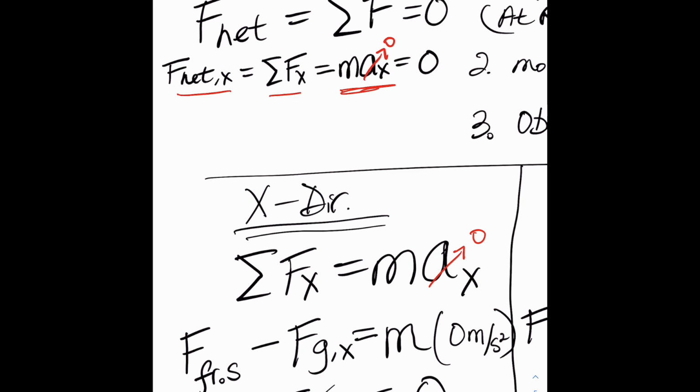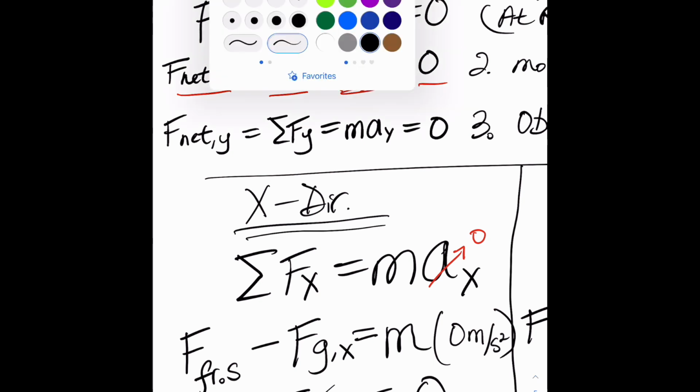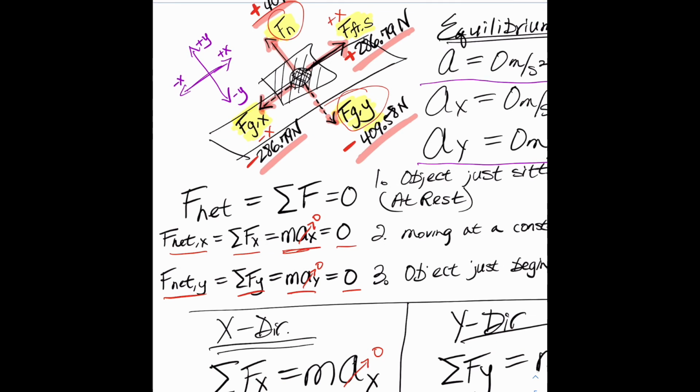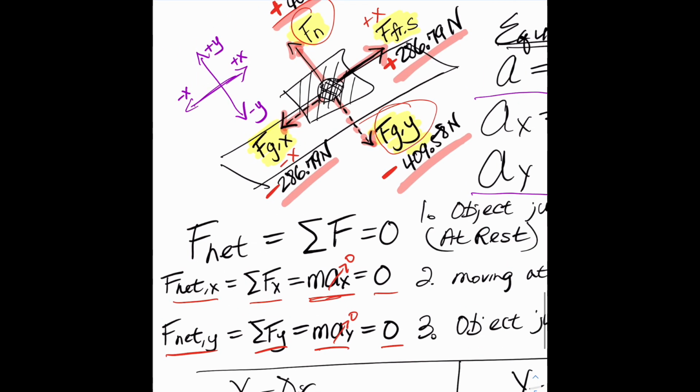Then that's 0, then that's 0, then that's 0. And the same is true in the y direction for an object in equilibrium. Because once again, ay is 0. So this is 0, so this is 0, so this is 0, so this is 0. All right. So the net force on this crate has to be 0.